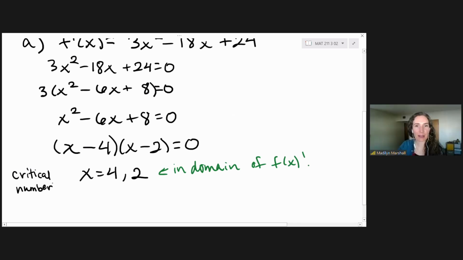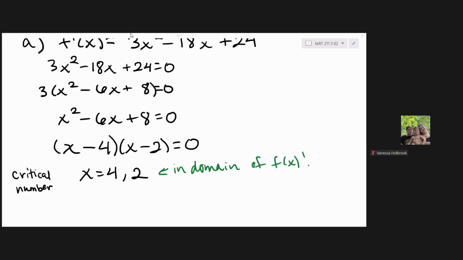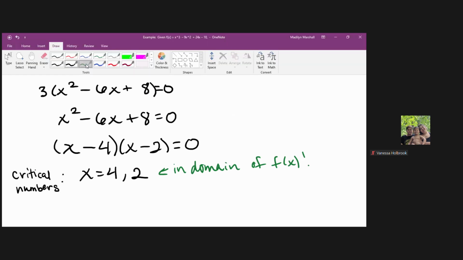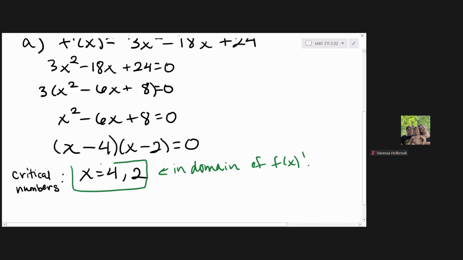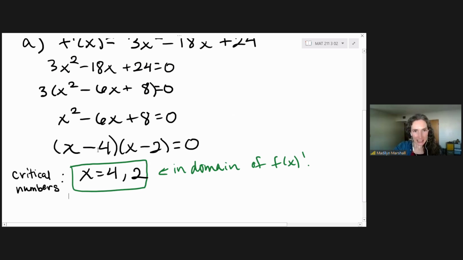A lot of people like to abbreviate critical numbers with just CN, which is fine if you want to do that. Okay, so we set the derivative to 0 and solved, and since those numbers are in our domain, those are our critical numbers.